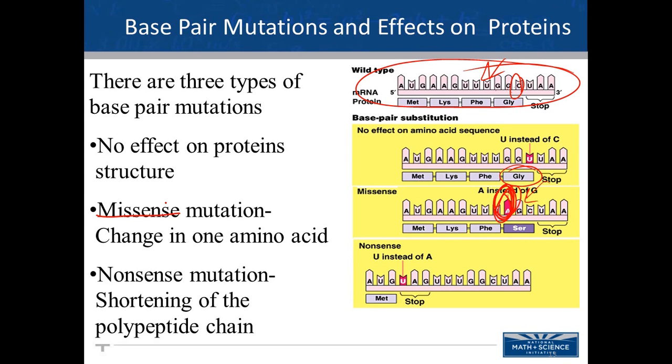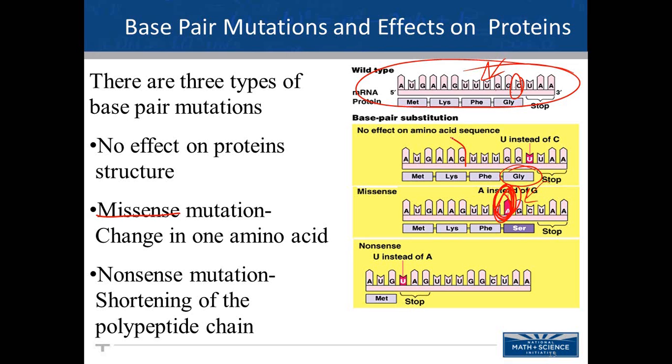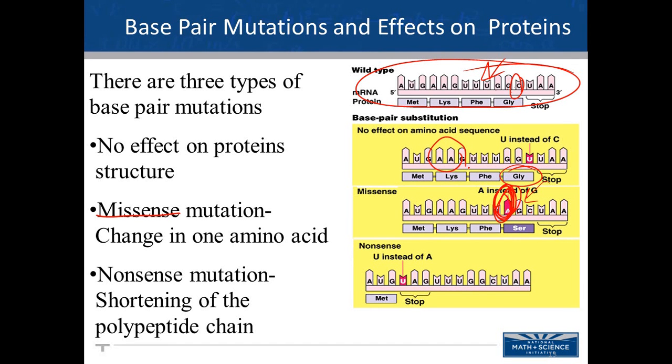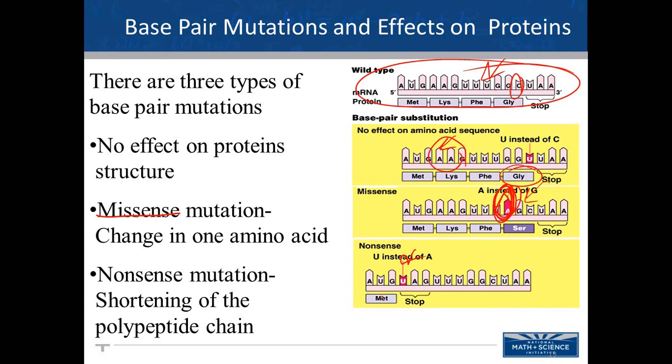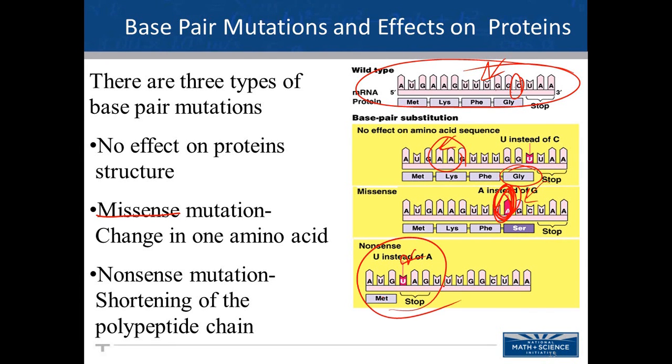Now, a nonsense mutation is one in which you have a change, like right here, where we have lysine, it is AAG. If you have a mutation and now you put a U there instead of that A, that will cause a stop codon. So now your protein is methionine, stop.